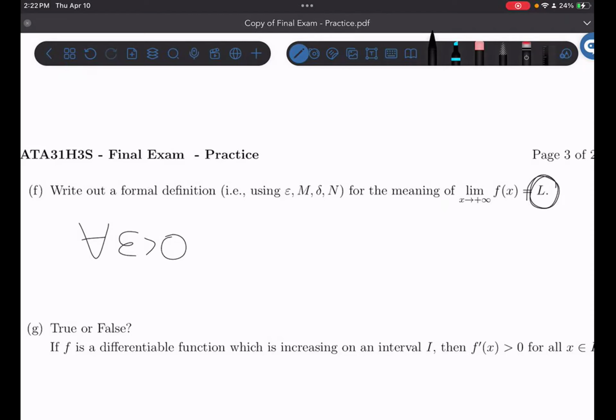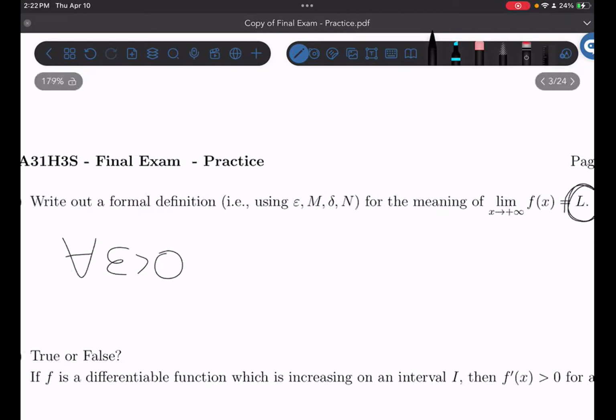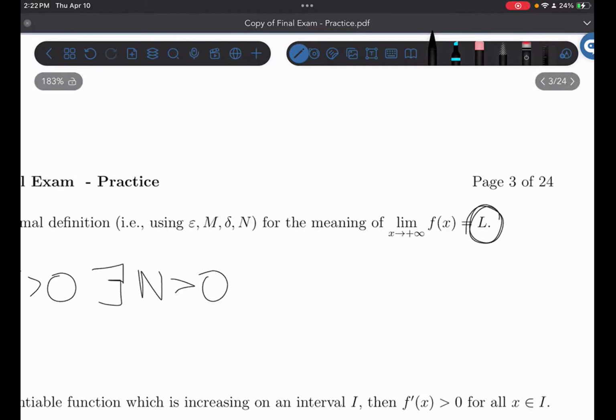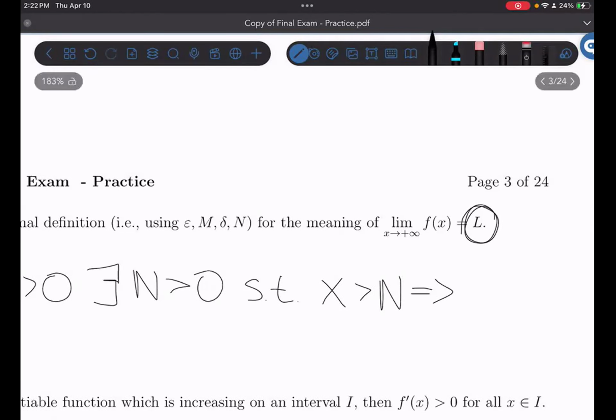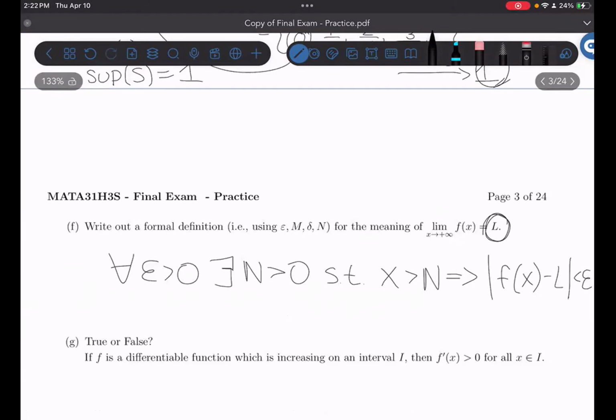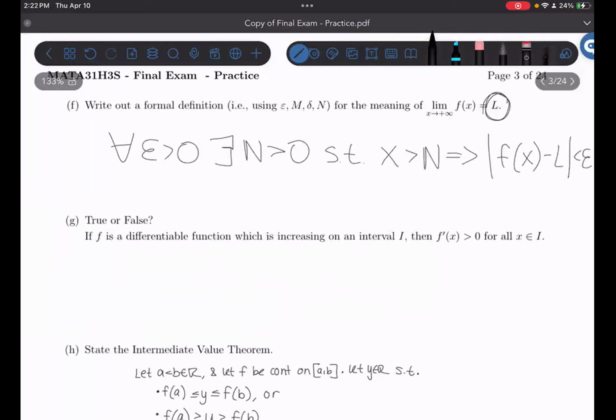And since my x is approaching positive infinity, we would use n and not delta, where my x has to be greater than n, and it implies that the absolute value of f of x minus L would be less than epsilon, right? Okay.